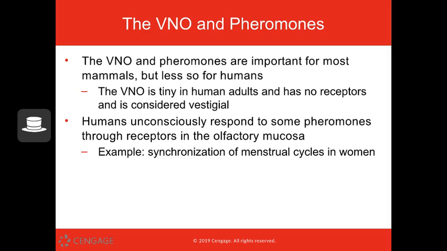So it is an evolutionary remainder of something that we used to have, but doesn't serve much of a purpose anymore. We unconsciously respond to some pheromones through receptors in the olfactory mucosa. So, for example, sometimes women can synchronize their menstrual cycles, and this can happen unconsciously through smell.